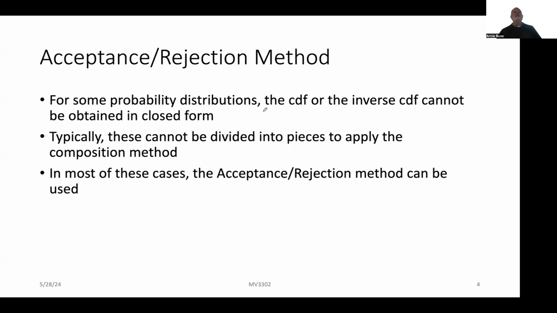We can't even totally divide it into pieces and use the composition method. And so in those cases, we have two options. The generic option is what I'm about to show you, the acceptance rejection method. For certain probability distributions, there are specialized methods that are specific to that one thing. So just know that those are the two choices.